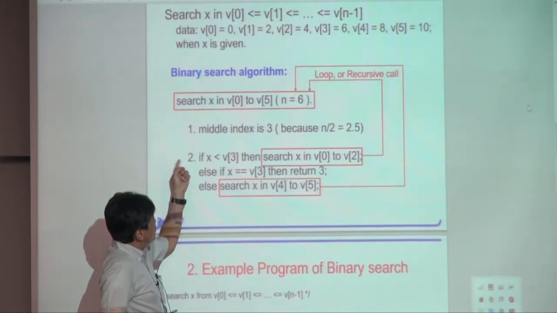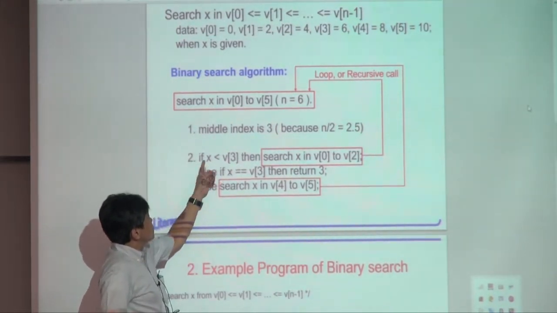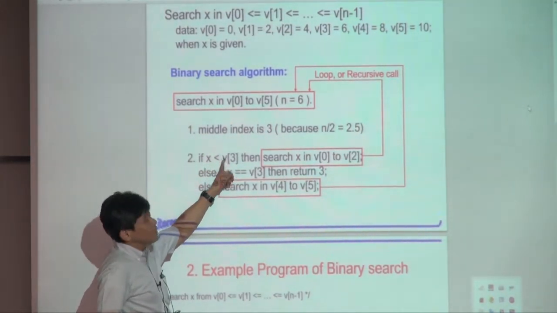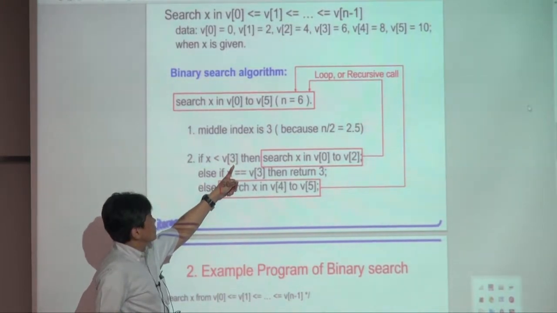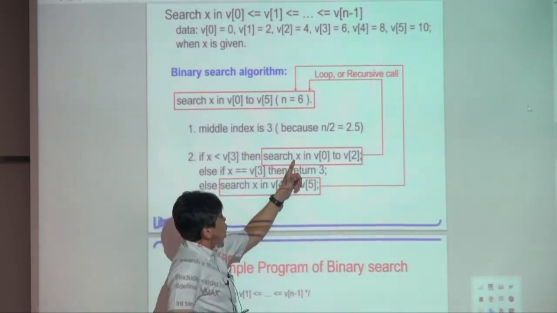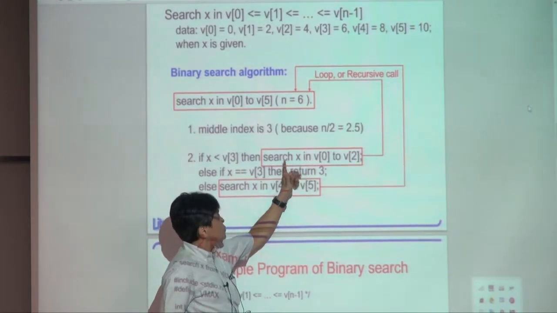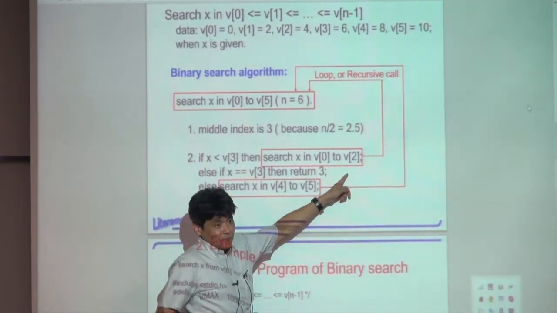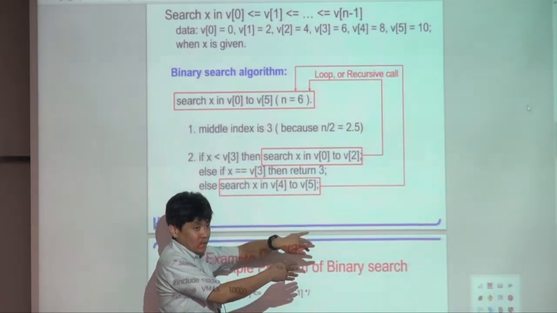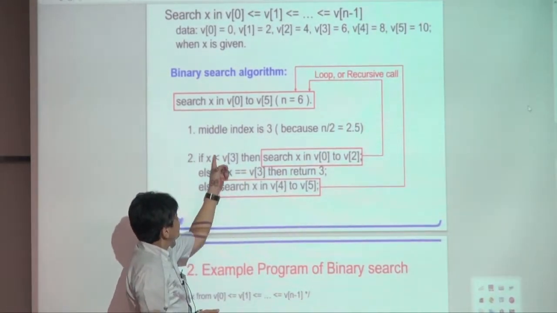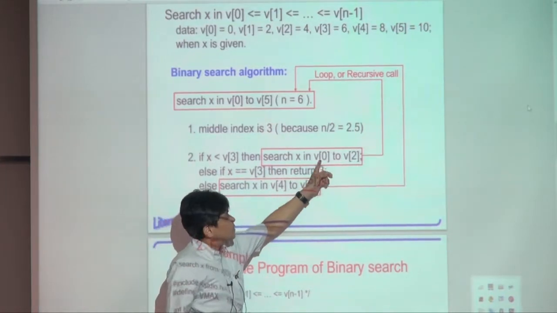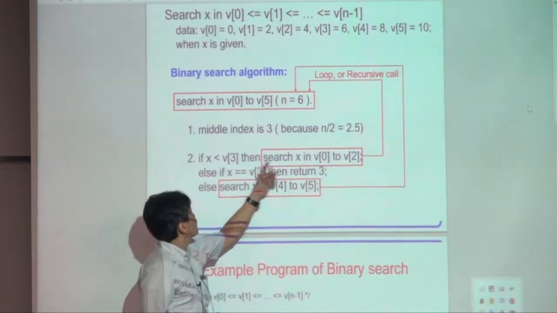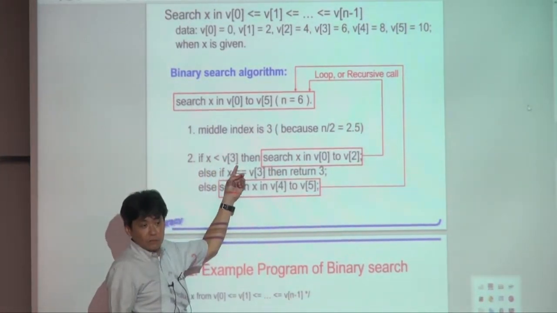Then you have to check whether the specified value is less than the center value. In this case, you have to search for that specified value in the left part of the center value, because x should be located in this part, because x is less than the center value.